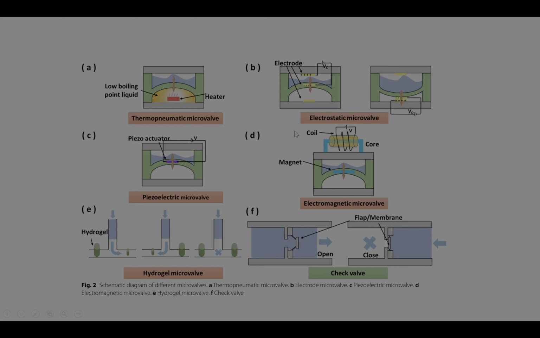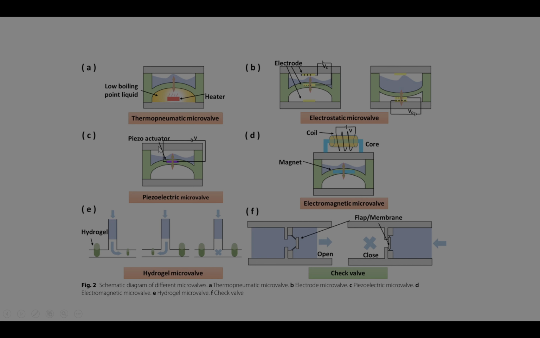Another one is based on the electrostatic, where the electric field electrodes will be present at the top, bottom, and middle. Then when we apply the bias, it will act as an on-off microvalve.